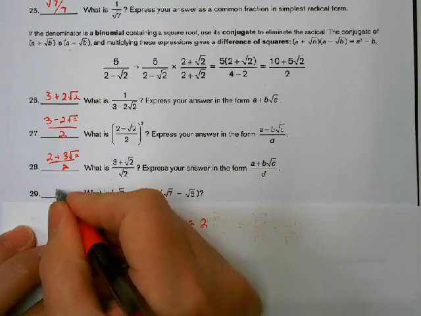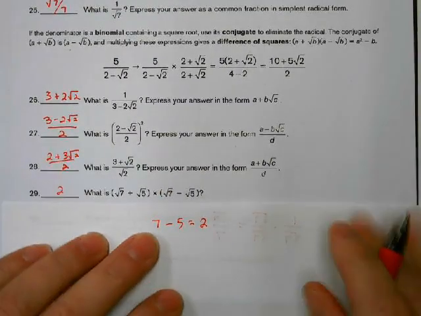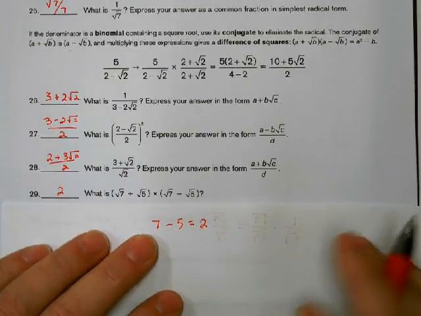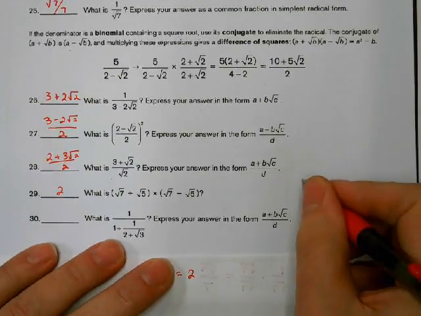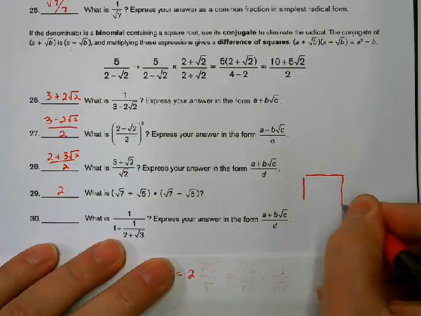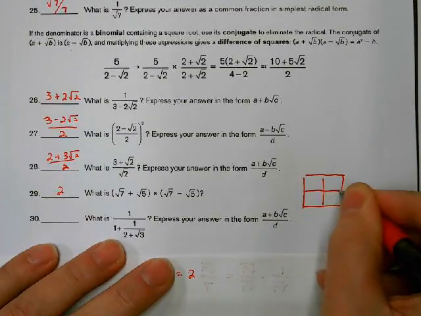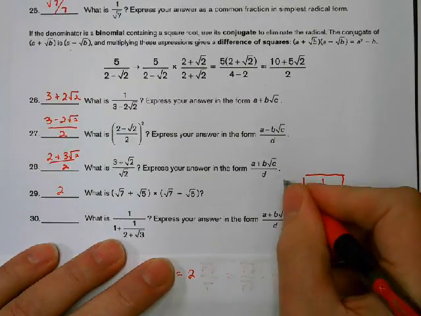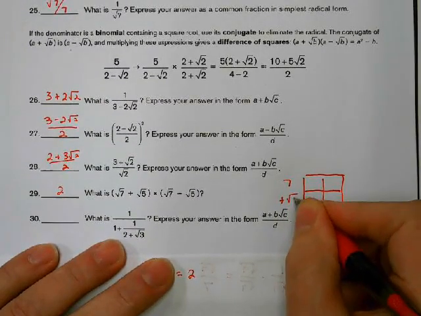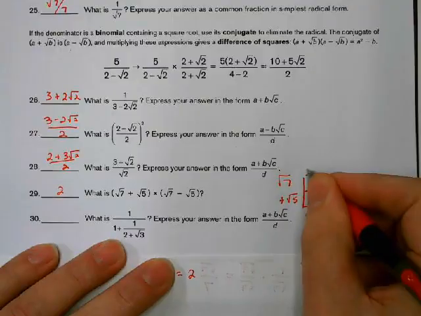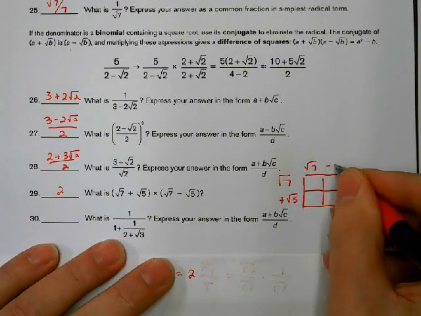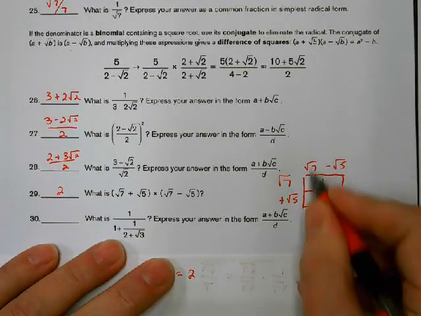If you didn't see the difference of two squares, you would probably want to do an area model instead. So the area model looks like this, where we're doing root 7 plus root 5, and root 7 minus root 5. So root 7 times root 7 is 7.